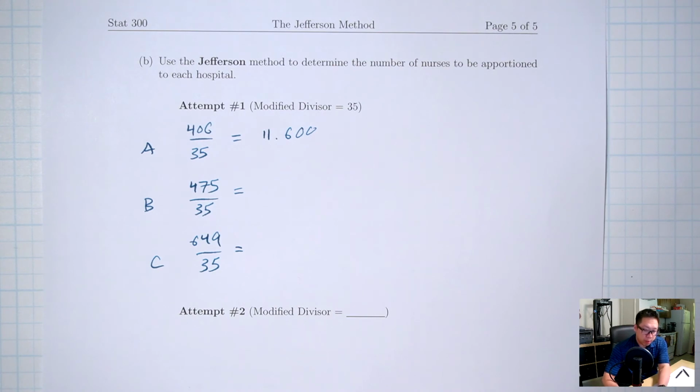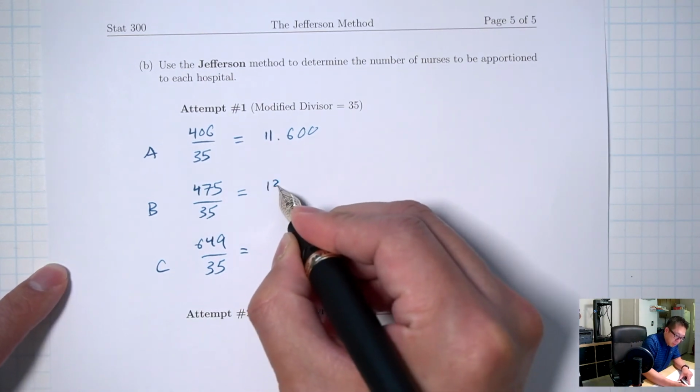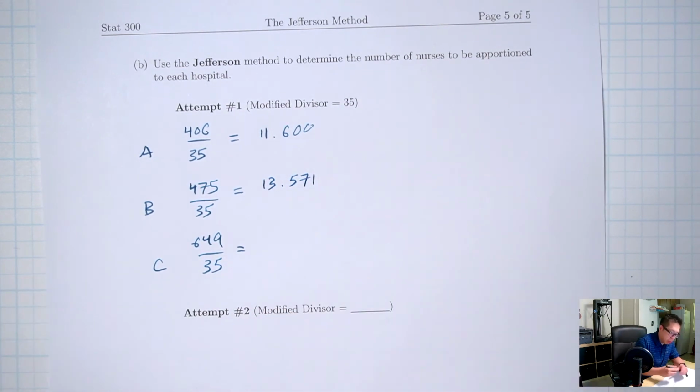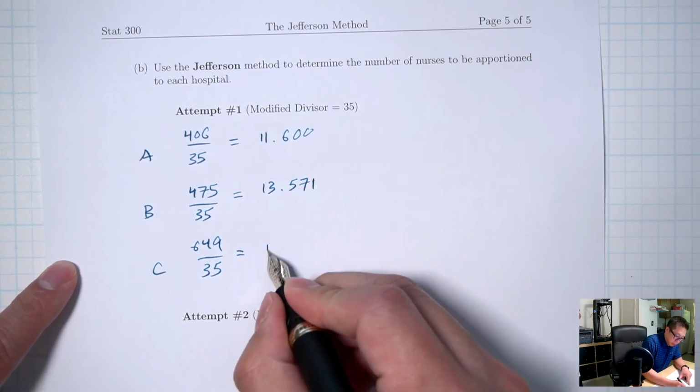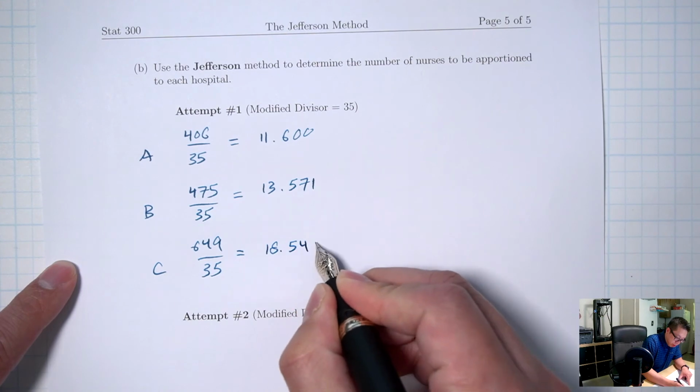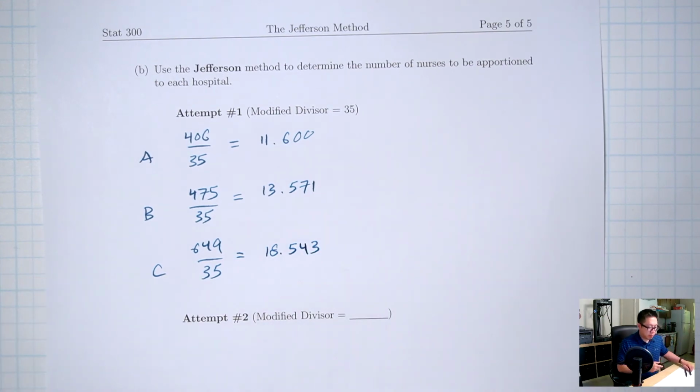B, 475 divided by 35 is 13.571. 649 divided by 35 is 18.543. Right, Jefferson method, you round down.